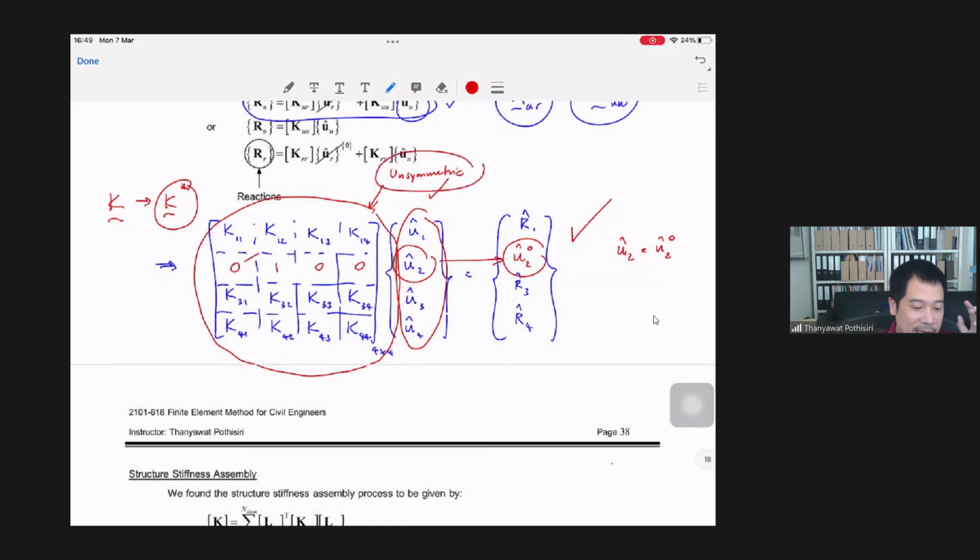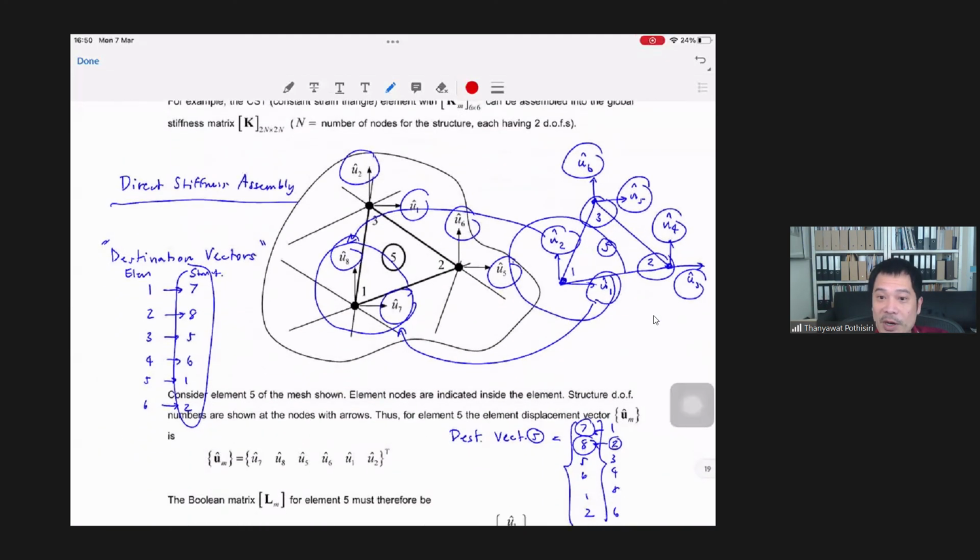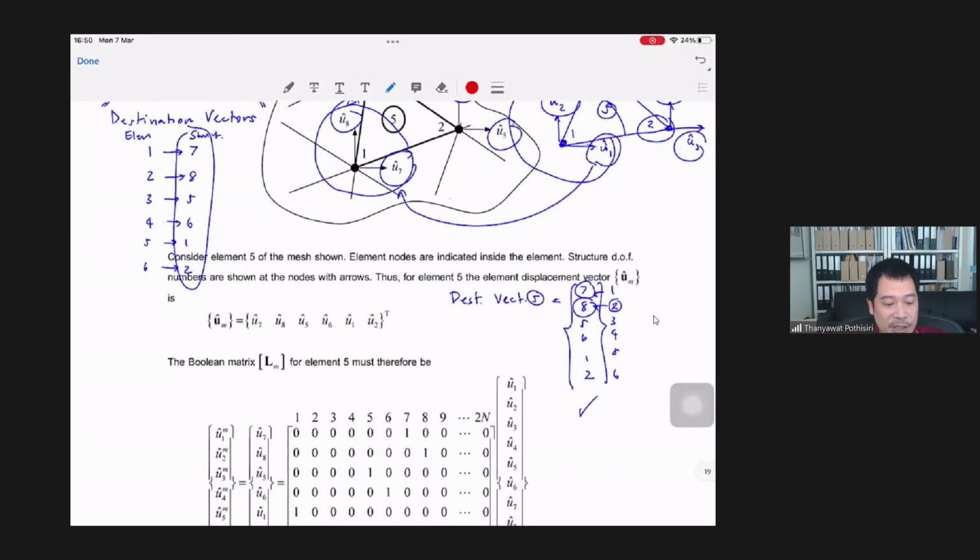You can see here that it would certainly become unsymmetric. And if your system of equation becomes unsymmetric, then you have to use a certain solution algorithm to solve the equation.